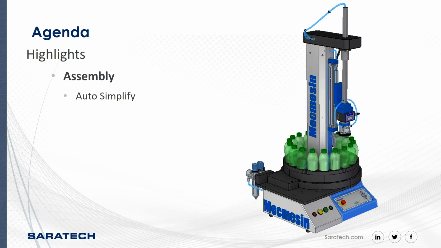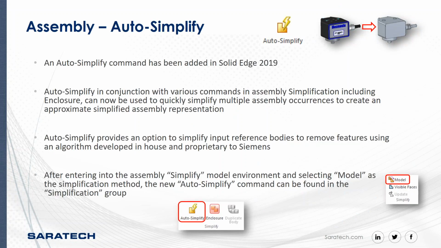What we're going to take a look at today is, in the assembly environment, the Auto Simplify. Utilizing Auto Simplify gives us the ability to make our assemblies a little bit more lightweight. We don't have all the detail, but there are other benefits, like making our assemblies load quicker and enhancing our performance.